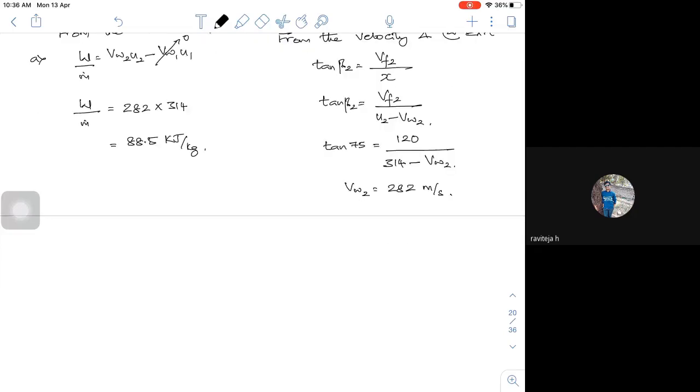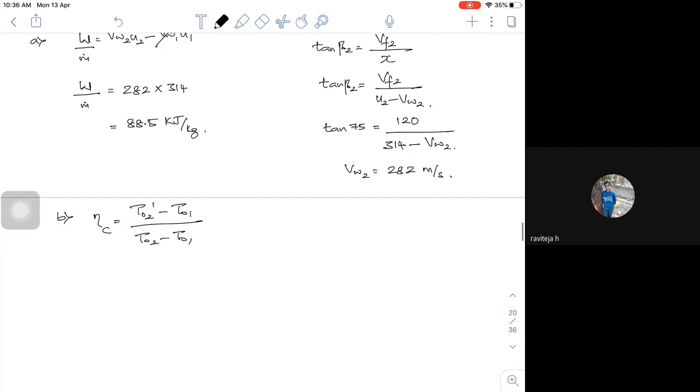To calculate the pressure, let's use the compressor efficiency, which is given as 0.7. It is the ideal compression to actual compression, so m Cp into (T02 dash minus T01) divided by (T02 minus T01). The m Cp cancels out, so in terms of only temperature, it is (T02 dash minus T01) divided by (T02 minus T01).